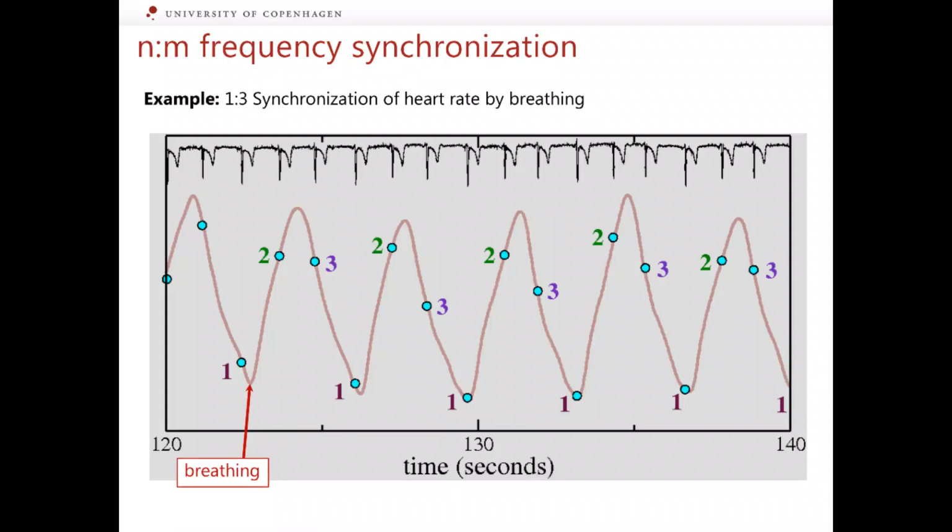On the breathing signal, blue circles indicate the moments when the heart beats. If we count the number of heartbeats during a single period of breathing, we discover that there are exactly 3 beats of the heart during any single oscillatory breathing cycle. This is an indication of a 1-to-3 synchronization between the heart and the breathing.